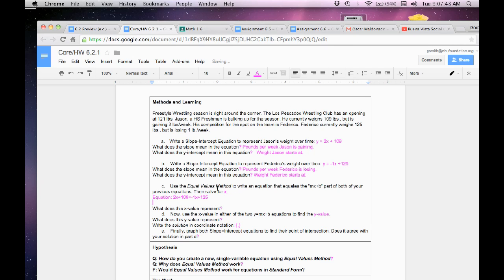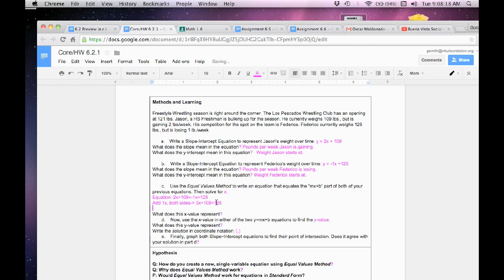Now we need to solve it. So the first thing I'm going to do is add 1x to both sides, because that gets rid of this -x and gets all the x on one side. So that's going to yield 3x plus 109 is equal to 125. Now I'll subtract 109 from both sides.